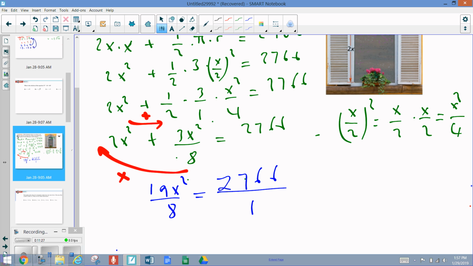Keep the denominator the same. So what do you see? Yes, 2 fractions make 1 proportion. Good job. So you're going to do cross multiplication. 19x squared is equal to 8 times.